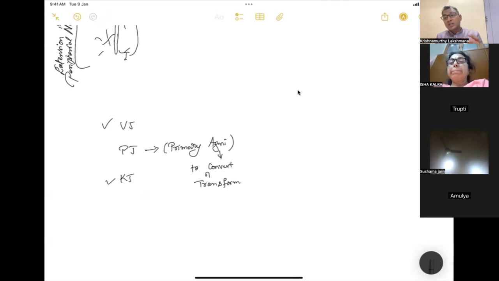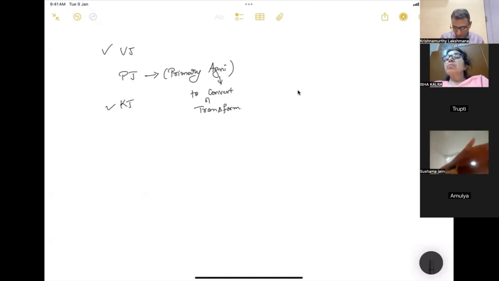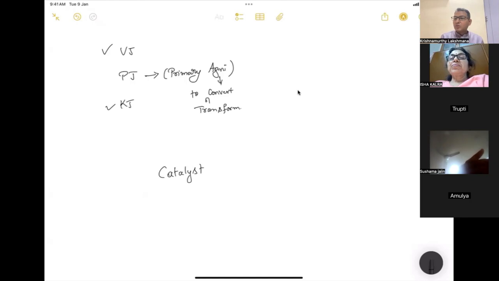Now, what is that which helps in the conversion or transformation? Those who are from a science background, chemistry, would know a word called catalyst. Yes, sir. What is the work of the catalyst?